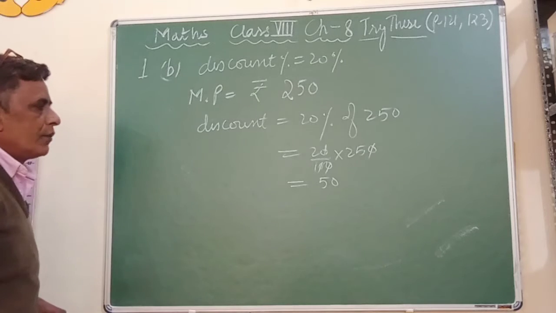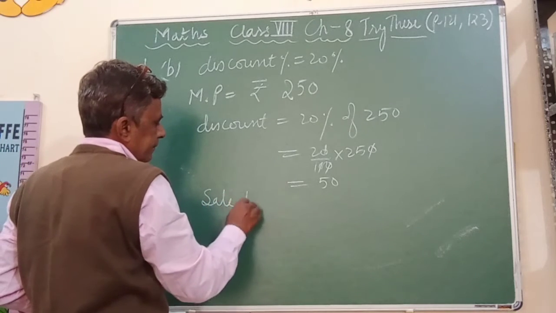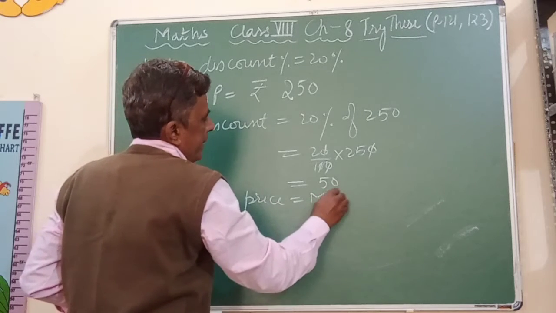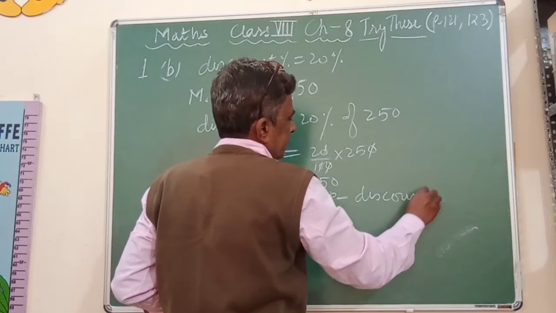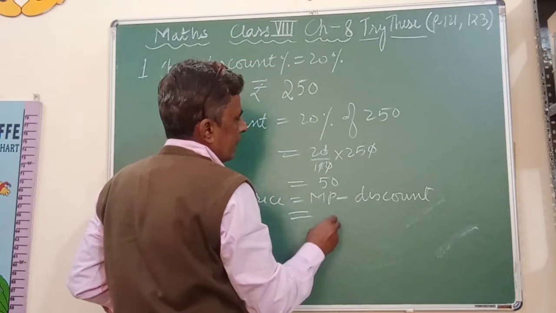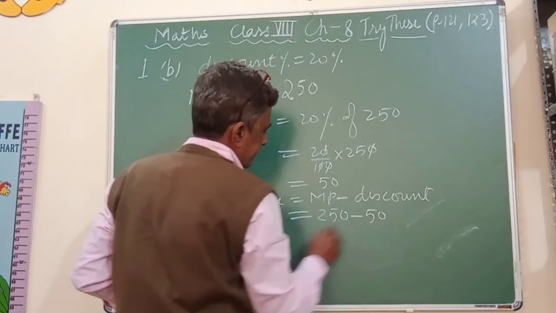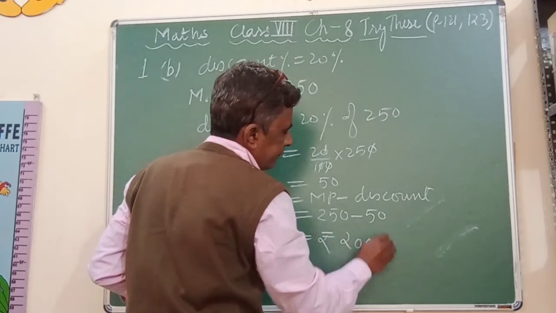The amount of discount is rupees 50. Now sale price, MP minus discount, 250 minus 50 is equal to rupees 200.